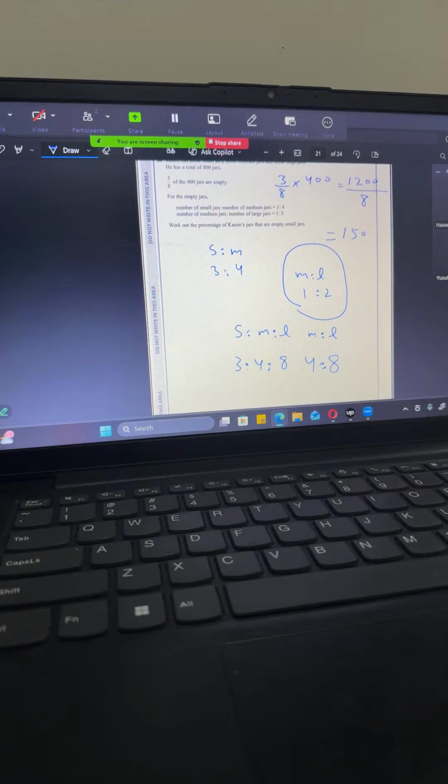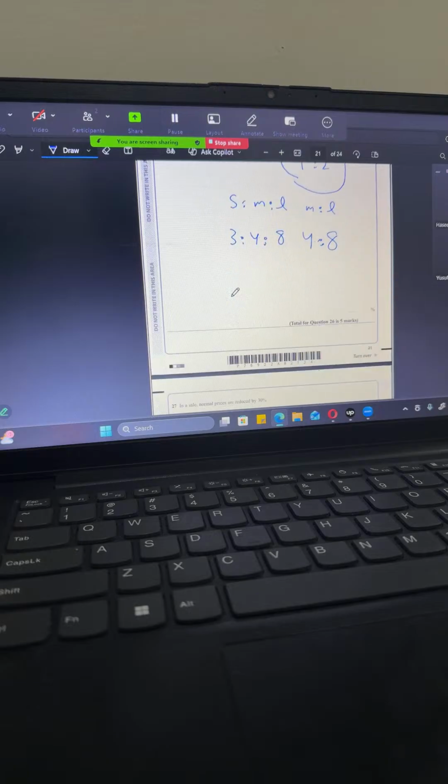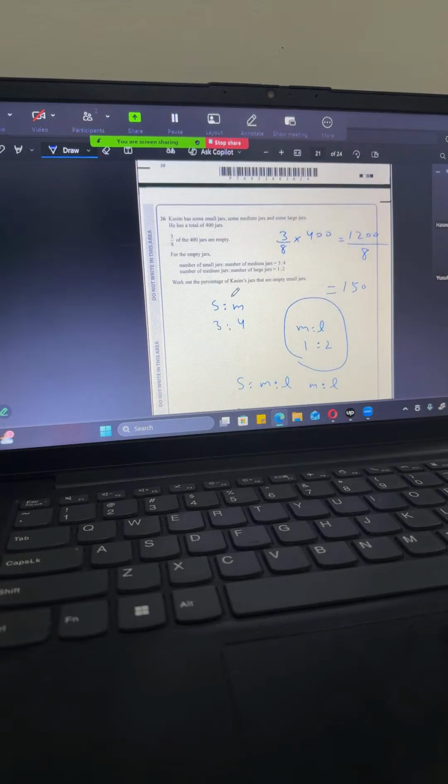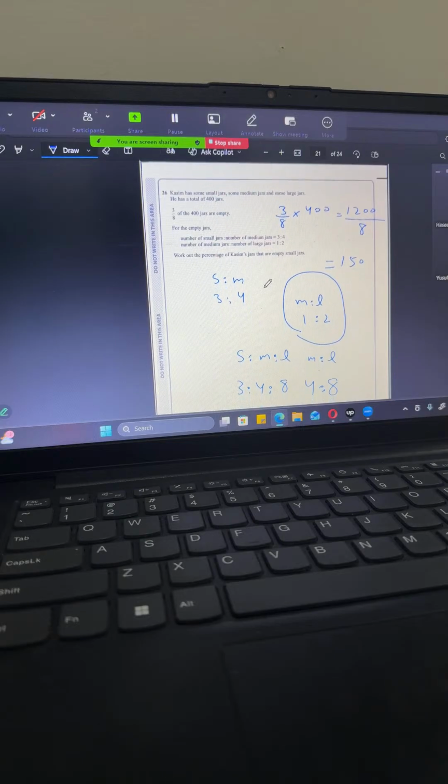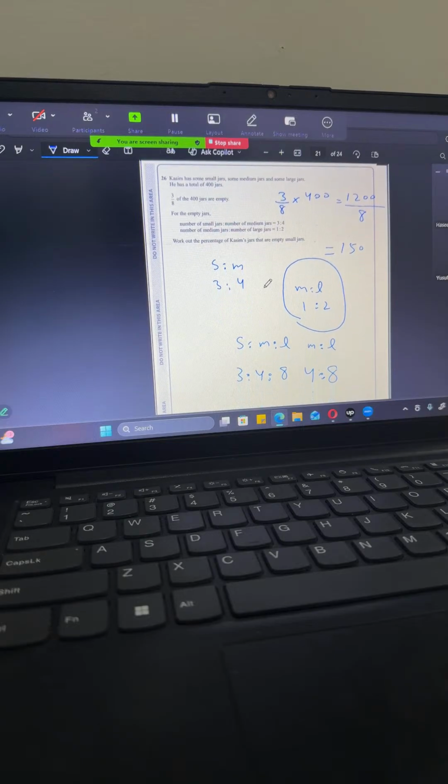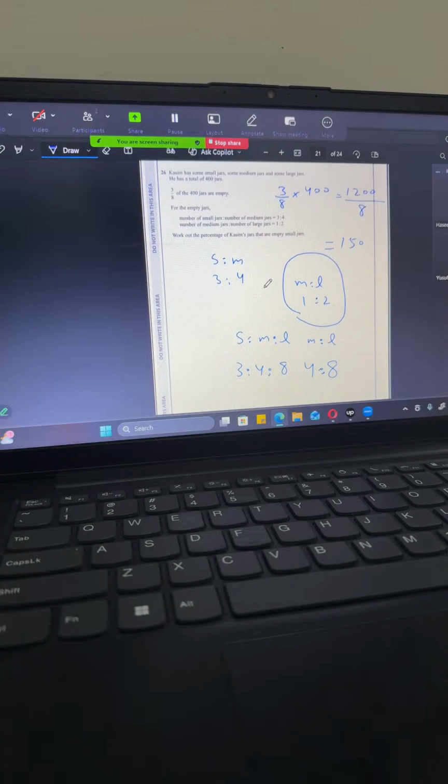We can say that there are 3 small jars, so we can do 3 over 15. Well done. Go ahead. 3 over 15 is 1 over 5, which as a percentage is just 20%, I think.